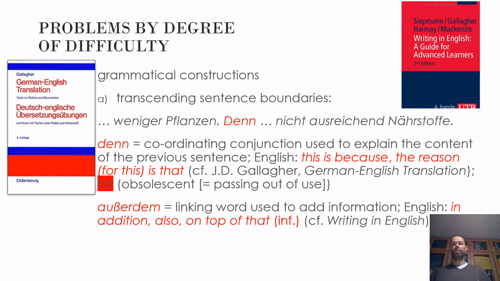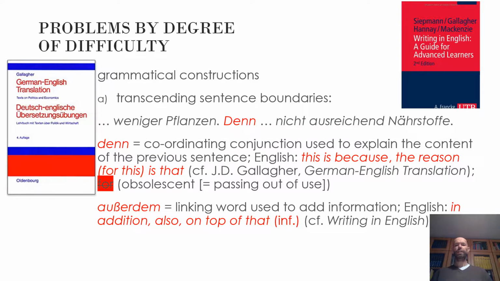Now, you've encountered these phrases hundreds of times, but probably you've never made the link with German "denn" yet. This is explained quite nicely in John Gallagher's book, German-English Translation, which you can see in the left-hand margin here.